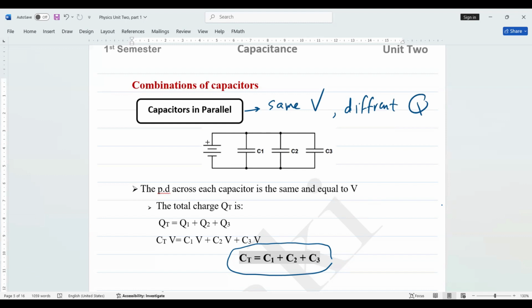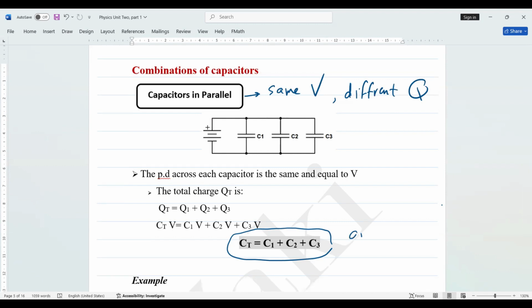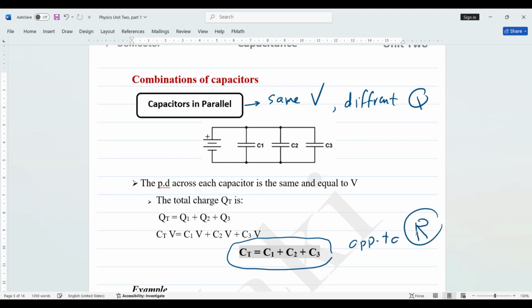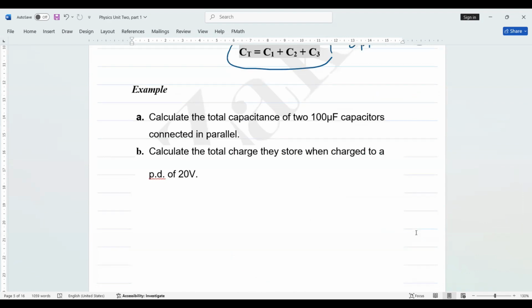In parallel, the voltage will be the same, but the charge will be different. And the C total is the sum. It is opposite to resistors, if you remember. Resistors in series are like capacitors in parallel. Now, try to solve this example, my friend, as we check.